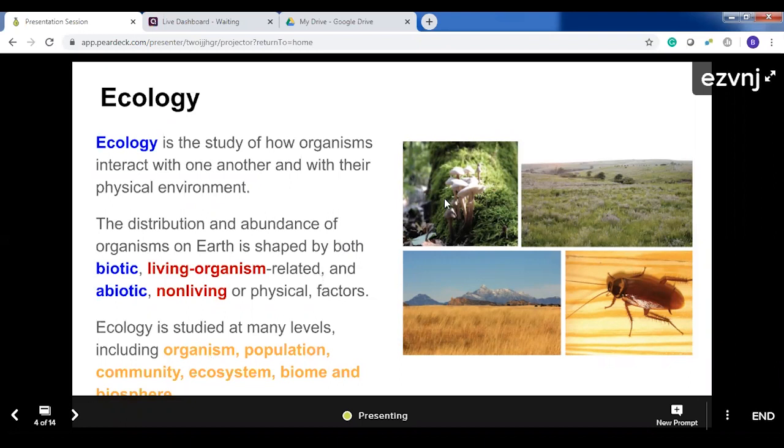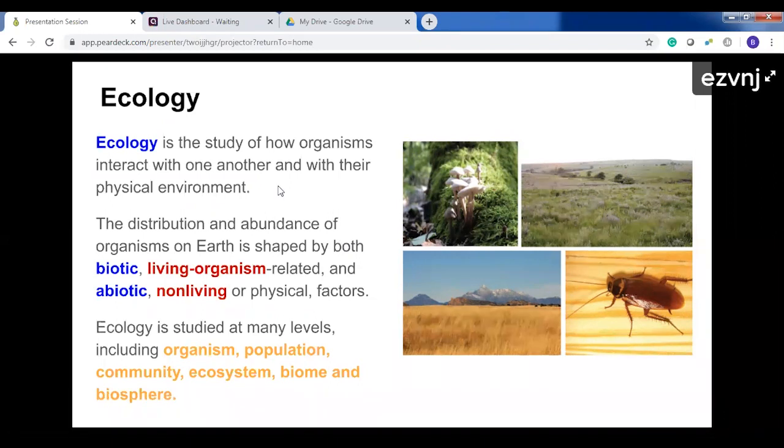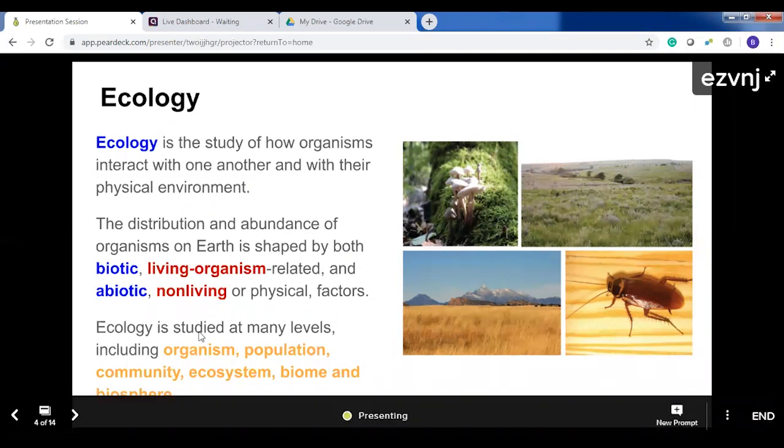This is how the ecological levels are organized, starting from the smallest one, organism, to the biosphere, which refers to the entire Earth.